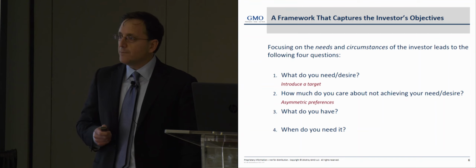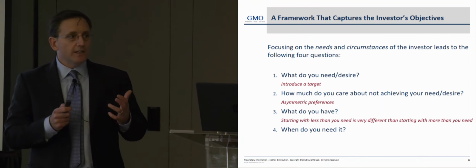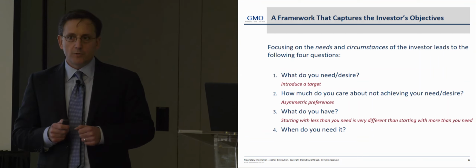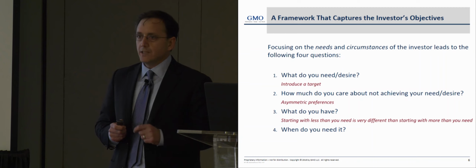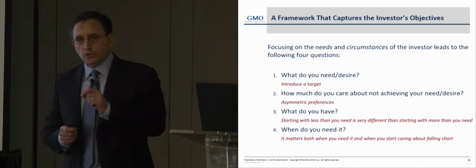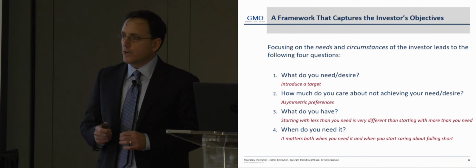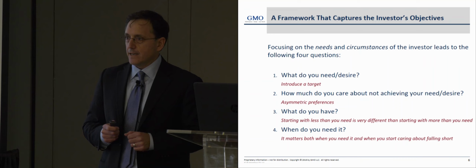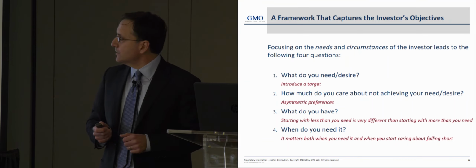Third, of course, it matters what you have. Starting with less than you need, you're in a very different situation than if you start with more than you need. And finally, the 4th question is, when is it that you need it? Now, to answer this question, it matters both when you need it and when you start caring about falling short of that need. So these are the 4 underlying questions.